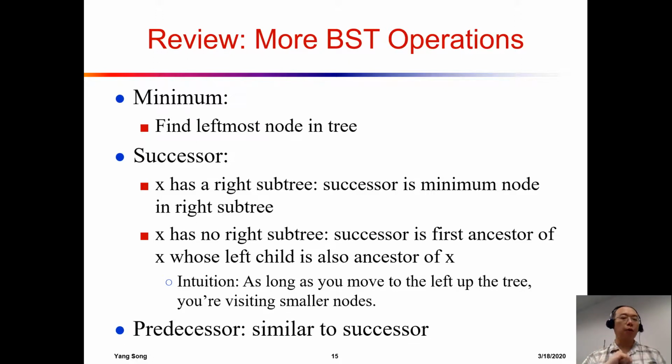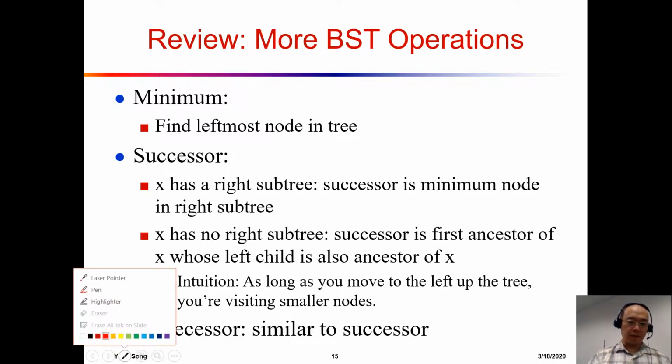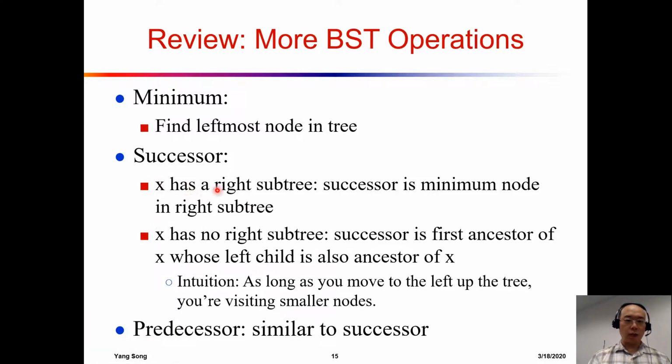Otherwise, if X has no right subtree, the successor is the first ancestor of X whose left child is also an ancestor of X. So that is the algorithm for the successor, and we are mainly going to use the first case. This is the case we are going to use when we want to do deletions.